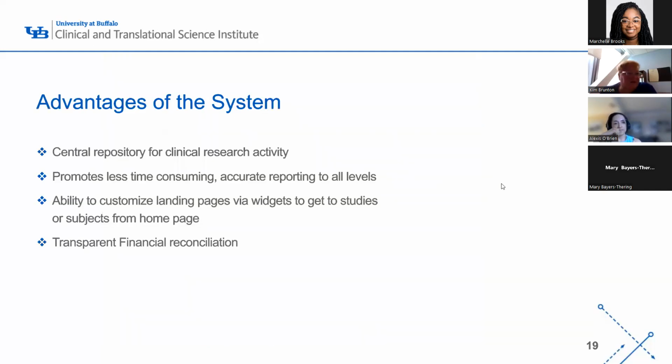Some of the advantages of the system is that it's the central repository for our clinical research activity. It promotes less time-consuming and accurate reporting to all levels. Again, personal caveat, I worked for the Department of Surgery, and I was one component of it.